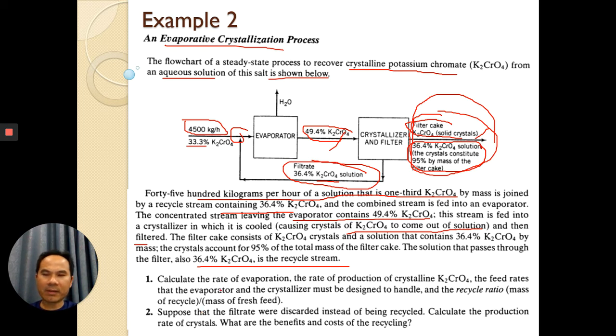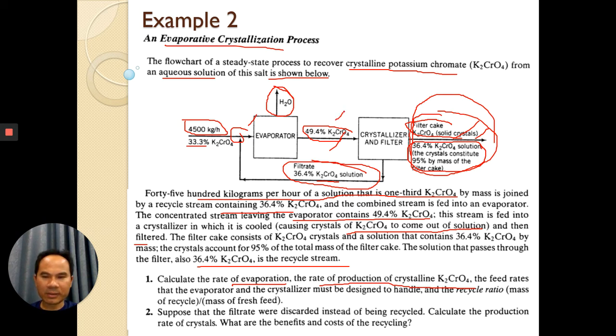The first question: calculate the rate of evaporation, meaning the water that evaporates out of the evaporator; the rate of production of crystalline potassium chromate; and the feed rate that the evaporator and the crystallizer must be designed to handle.